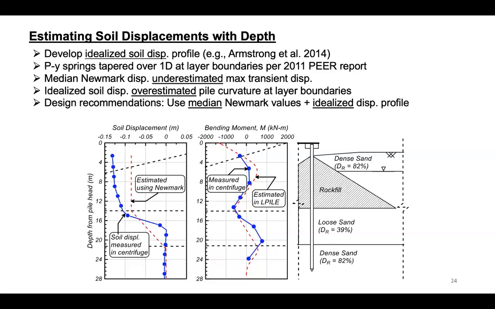If you use the median displacements, even though you're underestimating the maximum transient displacement at the ground surface, because of those sharp transitions at layer boundaries, you'll be overestimating the curvature in the pile, or the bending moments. So when you look at the estimated bending moments from LPile versus measured in blue from centrifuge, you're actually estimating the peak bending moments pretty reasonably well. So our recommended design was to use the median Newmark displacements with the idealized soil displacement profile that you would use in your design.